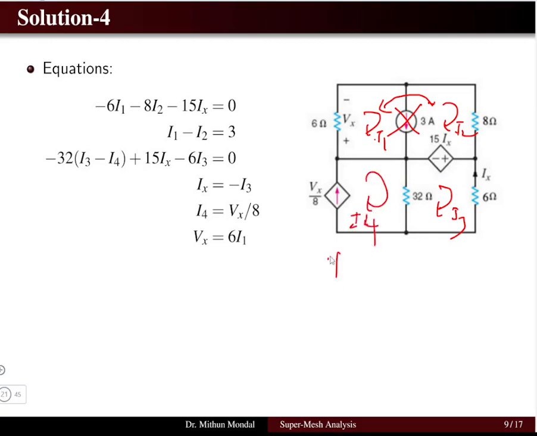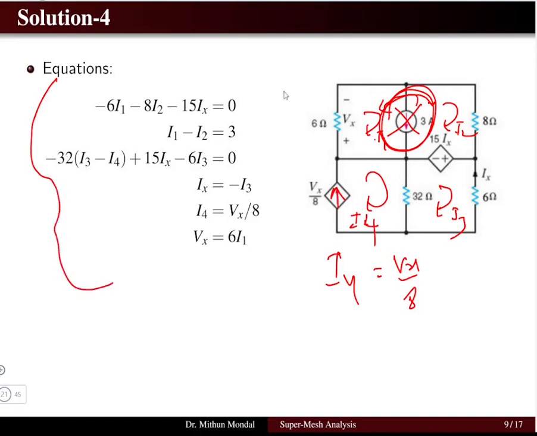However, I4 we can see is equal to Vx by 8 because that is flowing at the boundary. So we have to form one constraint equation for the 3 ampere, which is the current between the two meshes, and then we can write all the KVL equations and the constraint equations.